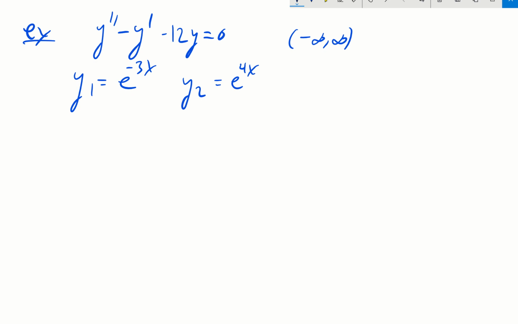The question we could then ask is, are these two functions linearly independent or are they linearly dependent? And to ask that, we're going to form the Wronskian. So we want W of y1, y2.